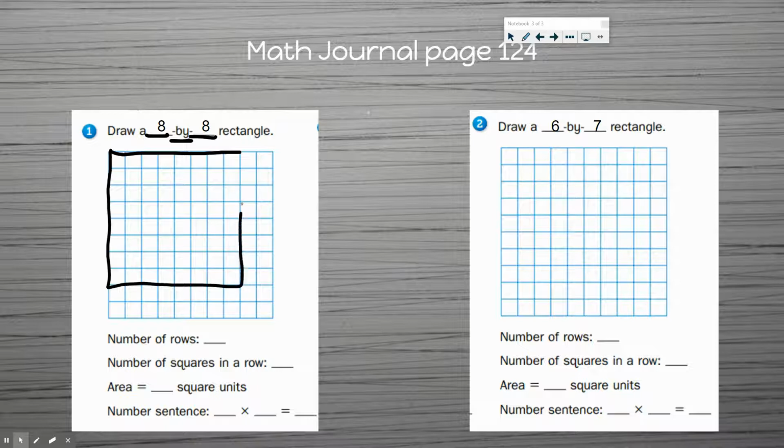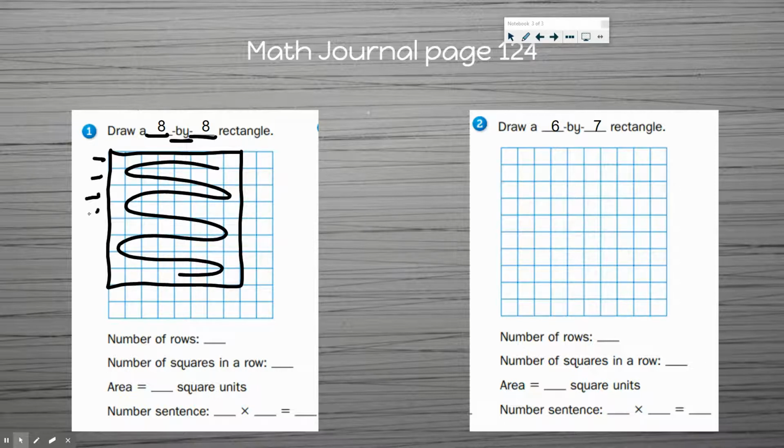I would need to go over 8 and go up. Now remember, perimeter is the distance around a shape. We're not looking at finding the distance around. I'm looking at finding the inside. So how many squares are there? So when I look at this, the number of rows, well, I have 8 rows. So I'm going to put 8 here. And then the number of squares in each row, well, there's 8 in each row.